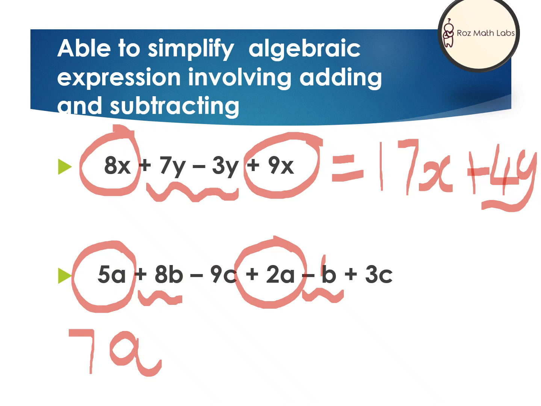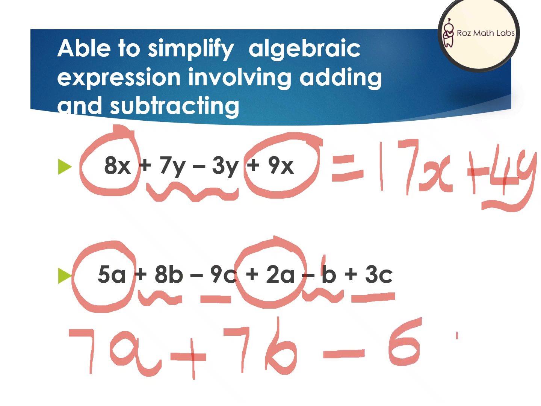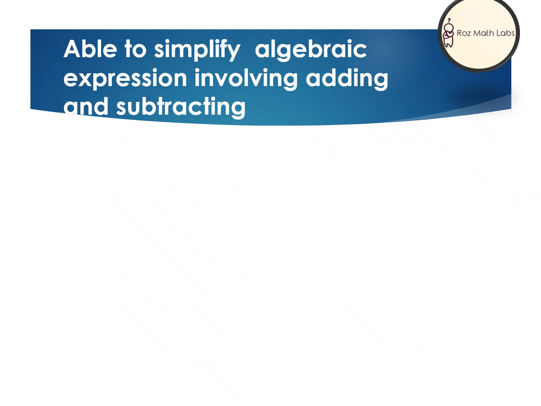So plus 8 minus 1 gives us plus 7b. Finally, minus 9c plus 3c. So the coefficient for c is minus 9 plus 3, which gives us minus 6c. This is the simplest form of the expression. Let us continue with our next example.